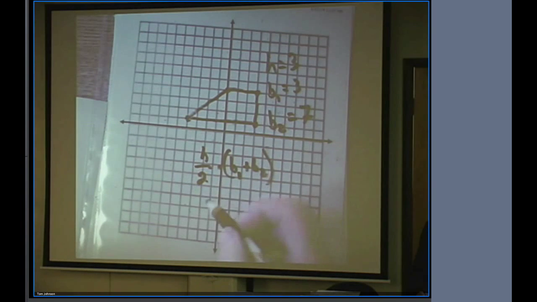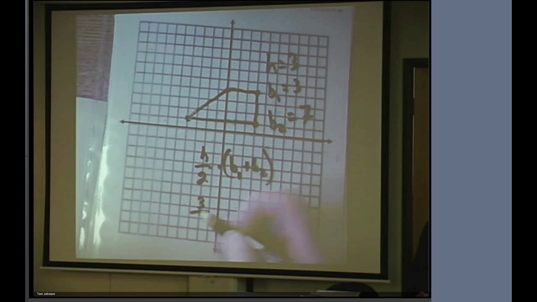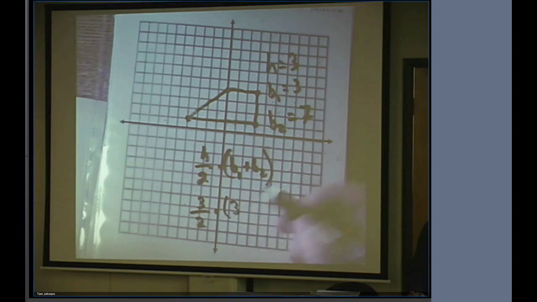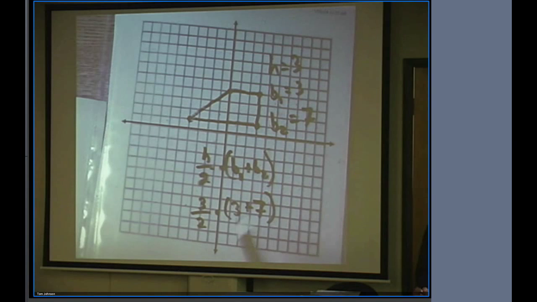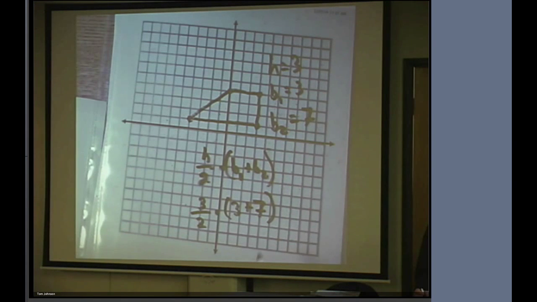So the height, which is 3, divided by 2, times base 1 plus base 2, 3 plus 7. What's 3 plus 7? 3 plus 7 is 10.